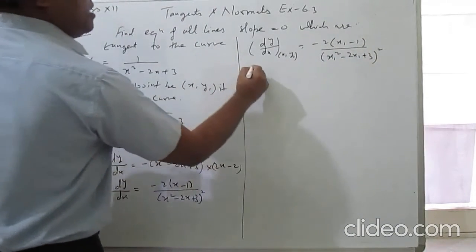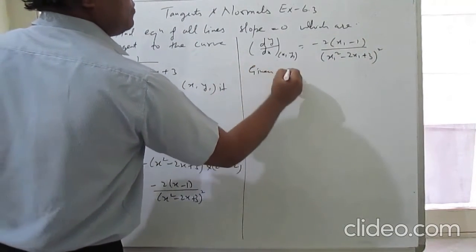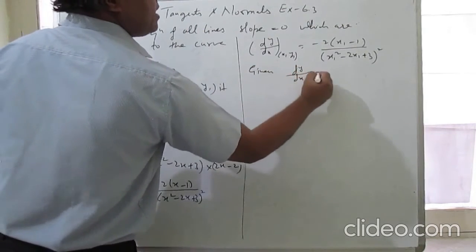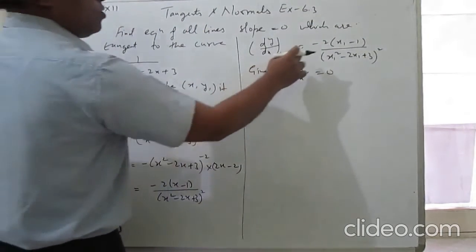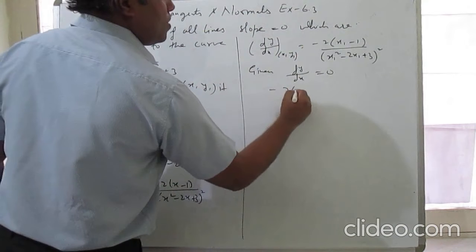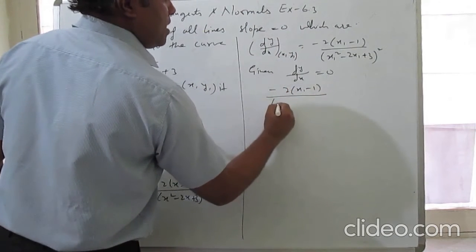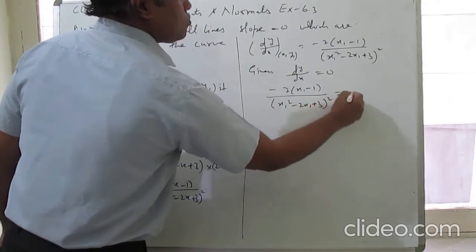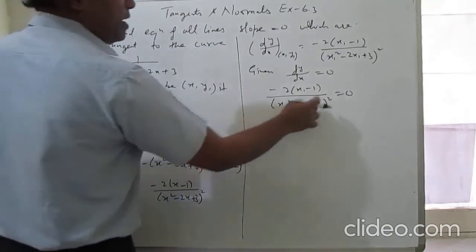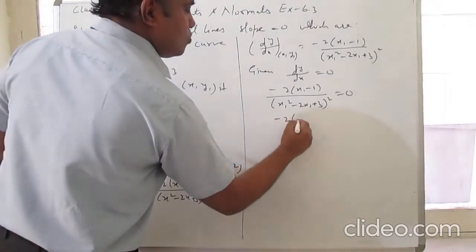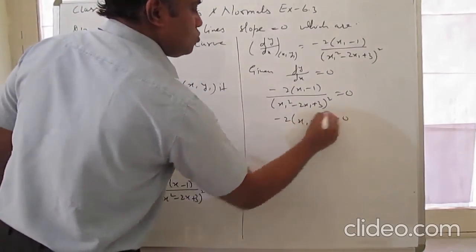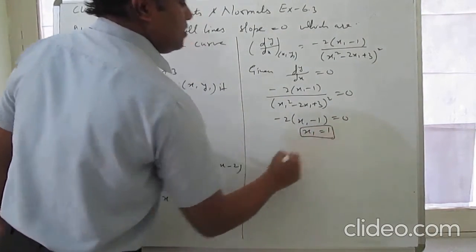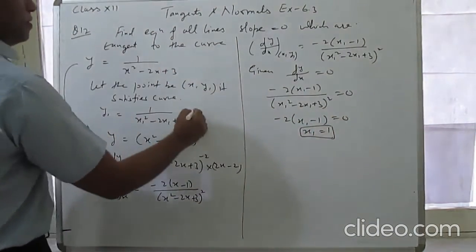So given, dy by dx is equal to 0. If you put 0, minus 2x1 minus 1 upon (x1 square minus 2x1 plus 3) whole square is equal to 0. When we cross multiply, what remains is minus 2x1 minus 1 is equal to 0. The 0 goes away, x1 is equal to 1.